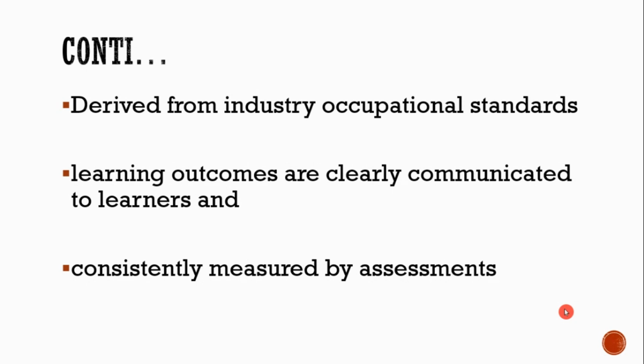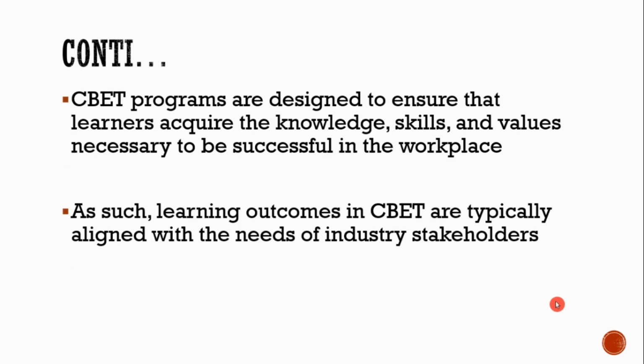And it's also good to understand that learning outcomes are consistently measured by assessment. And we're going to talk about assessment, like we said. And the only way to understand that your learning outcome has been achieved is through assessments. So basically, that's what a learning outcome is and how we're able to measure them.